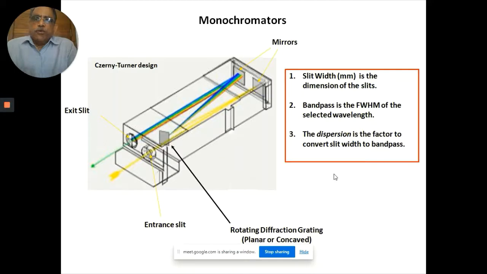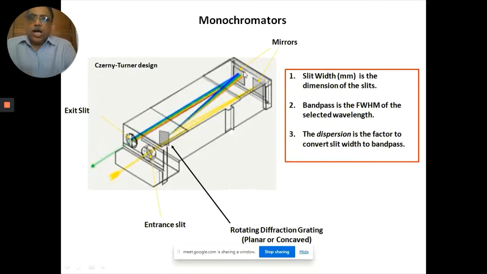Our next component in the handling of light is the monochromator. We select the wavelength using a monochromator, which we mentioned when we learned fluorescence spectroscopy instrumentation. So let us see what is inside this monochromator. We also mentioned that the design of the monochromator was a Czerny-Turner. These are the names of the people.